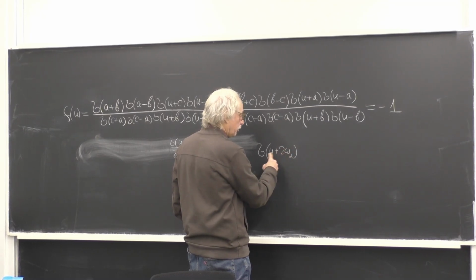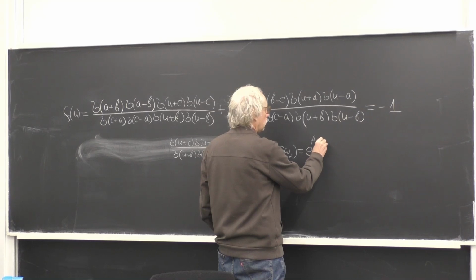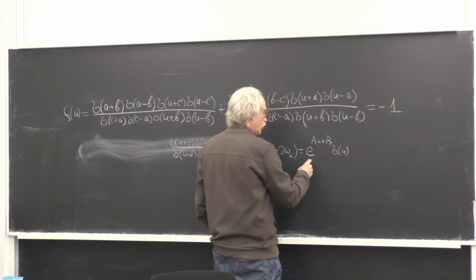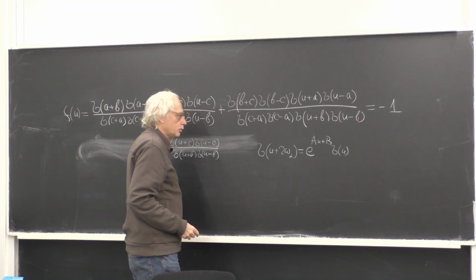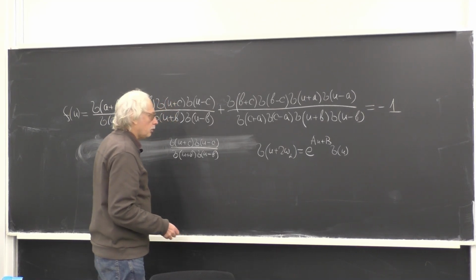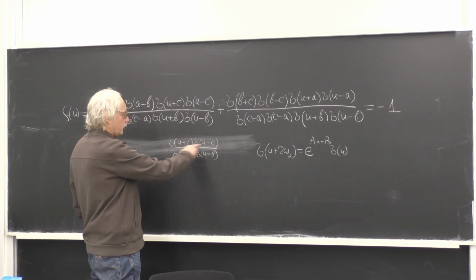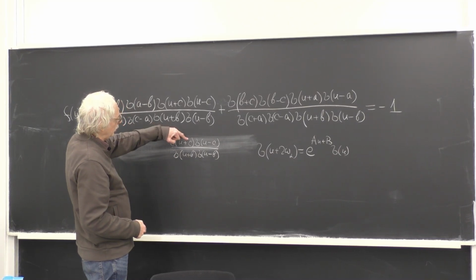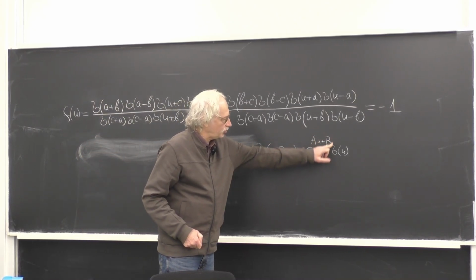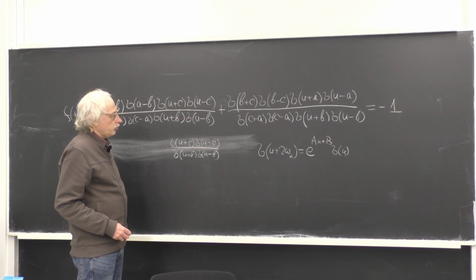when we shift by periods, acquires a multiplier, which is the exponent of some linear function of u. That is why this exponent cancels in this expression, because here we have plus c minus c, plus b minus b, and if you substitute this multiplier here, you will see that it cancels.